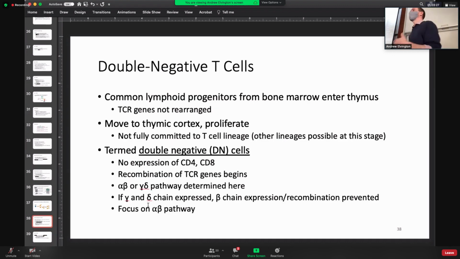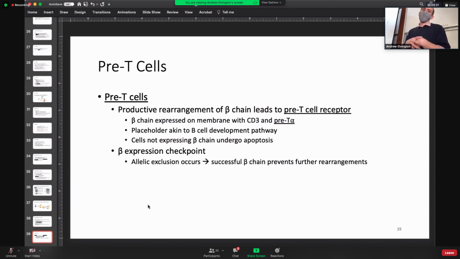So we have these double negative T cells. They're starting their TCR stuff. The next stage of development is what is called a pre-T cell. In a pre-T cell, what has happened is that the beta chain of the T cell receptor has been rearranged enough that something fruitful is being produced. In B cells, they have a pre-B cell receptor.